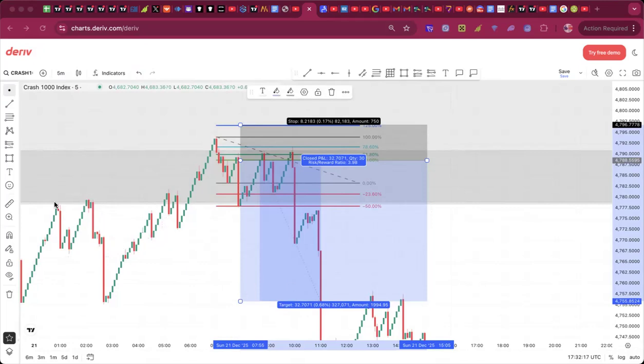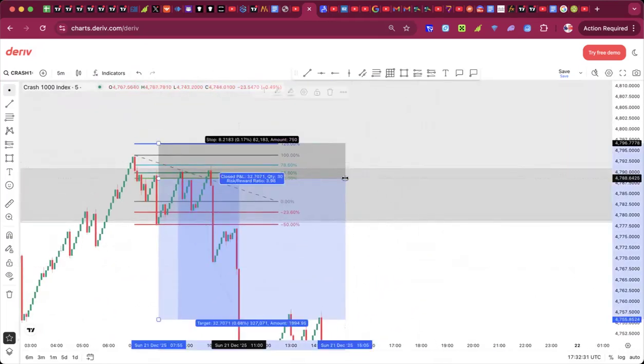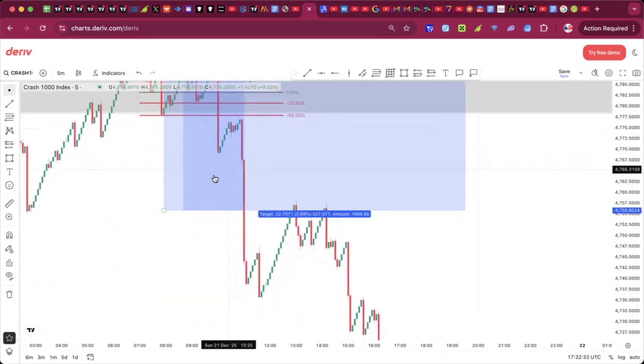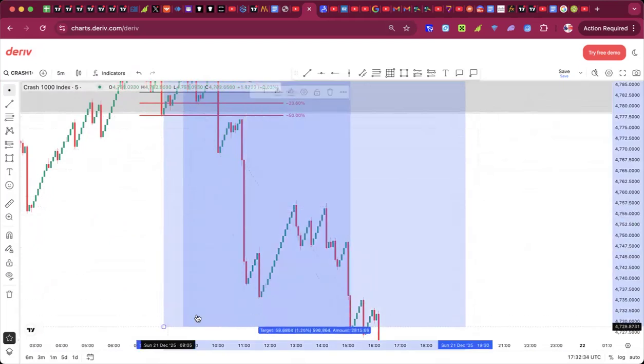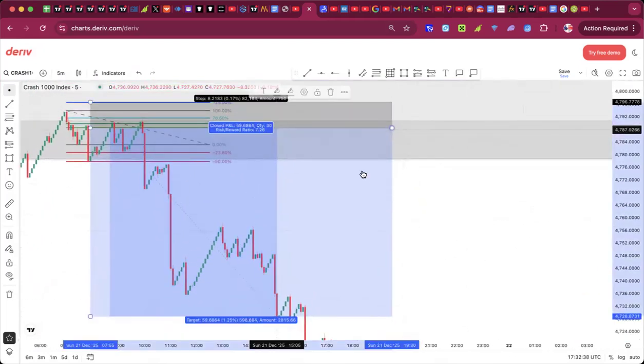So 32 times 0.2, that's $6. Okay. So then you have 3 positions you have entered. Then, depending on your account size, very important.